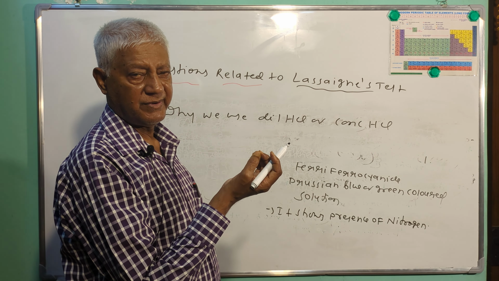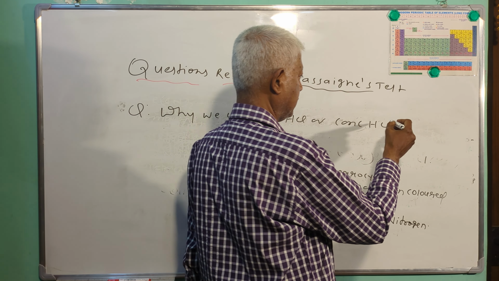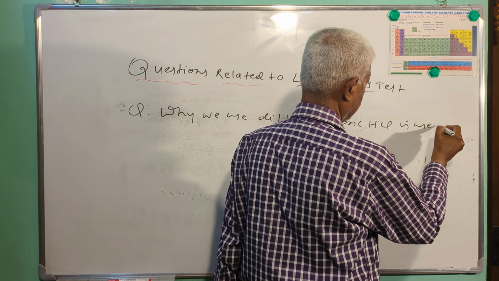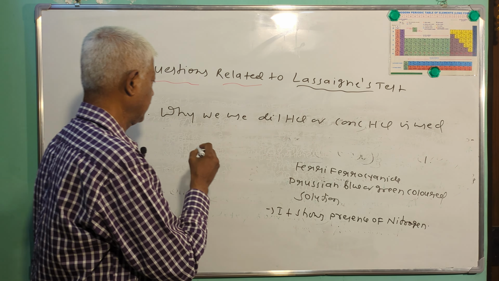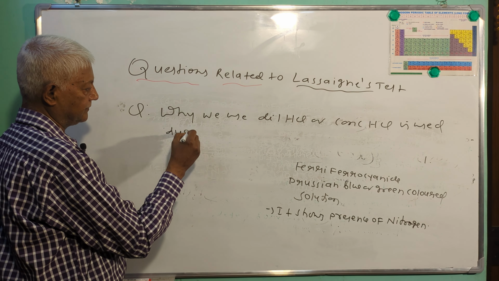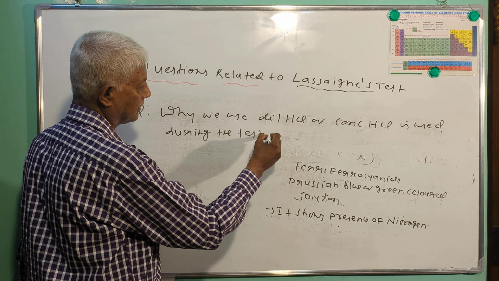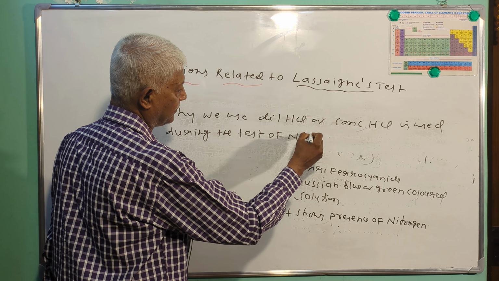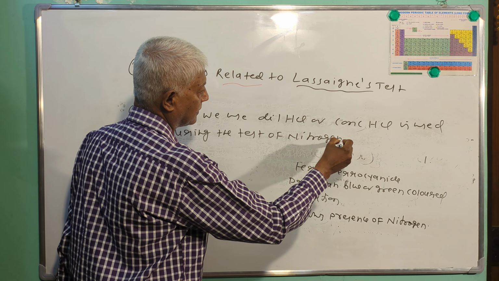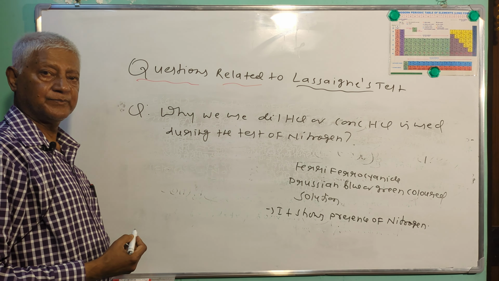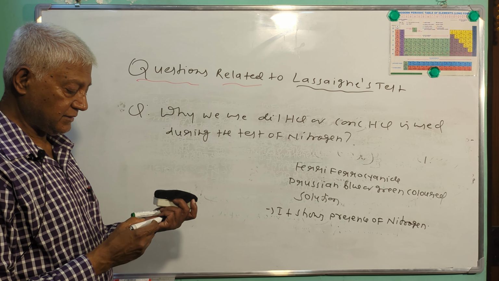If concentrated, we use a very low amount. Conc HCl is used during the test of nitrogen. So what is the answer of this question?